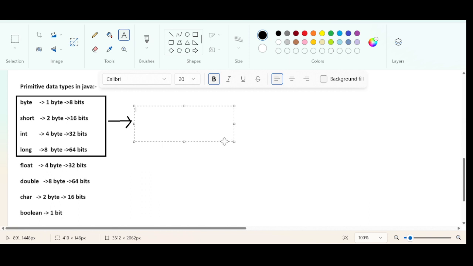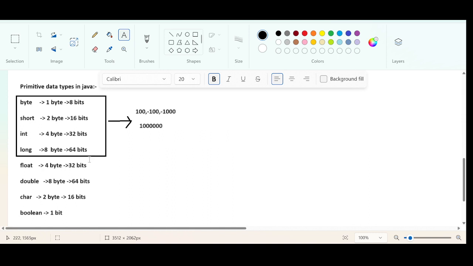You can store numbers like 100 or minus 100 or minus 1000, right? Or any bigger number, no problem. But you cannot store numbers like 100 point something. Any precision values cannot be stored here. If you want to store any floating points, these data types are not recommended.